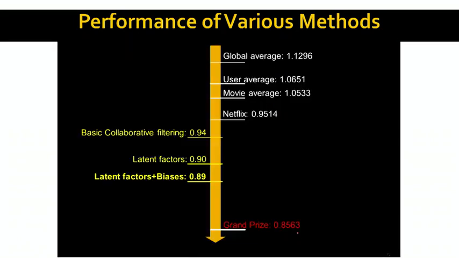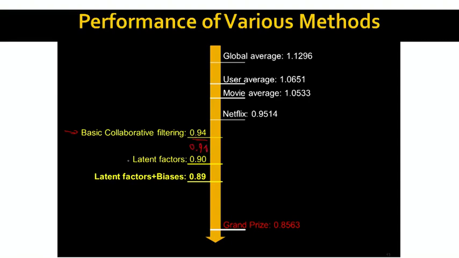So what we know so far, going back to our chart on performance of various methods, is that with basic collaborative filtering, we were at 0.94. With a bit more fancy collaborative filtering, we were able to push this down to 0.91.